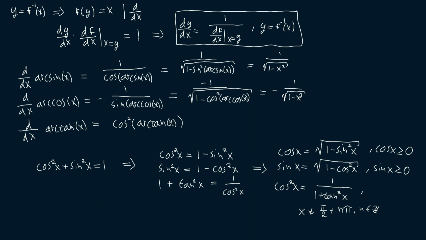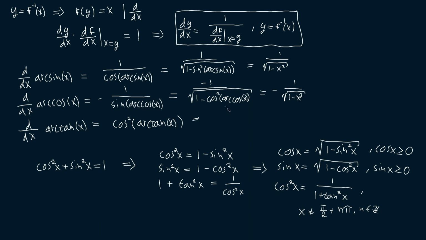And lastly, let's consider the derivative of arctangent of x. The range of arctangent of x is the open interval from minus pi over 2 to pi over 2, so its value is never pi over 2 plus some multiple of pi, so we're justified in using this equation to simplify.